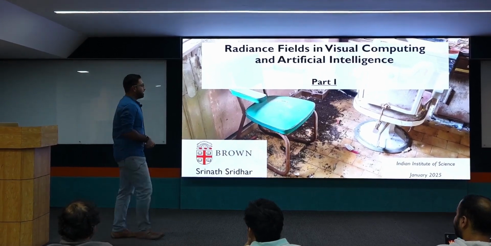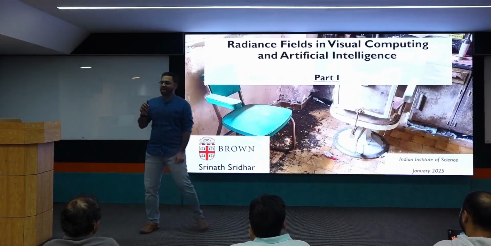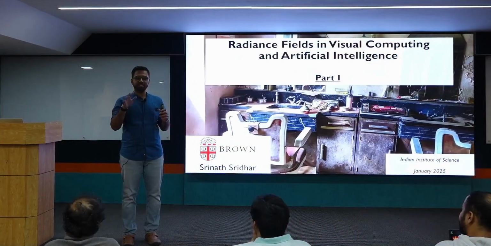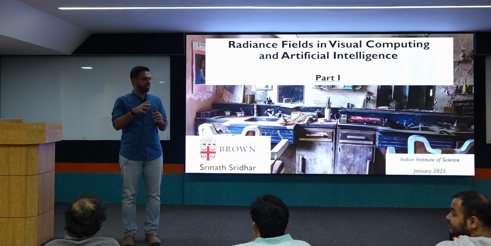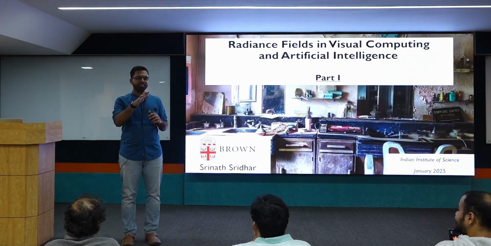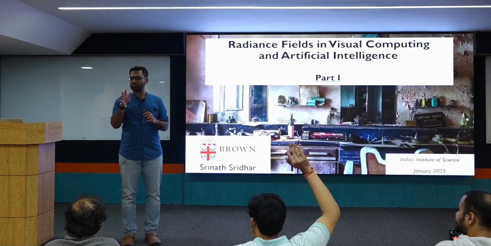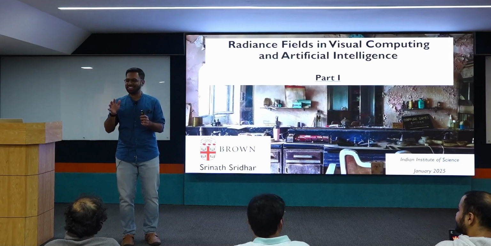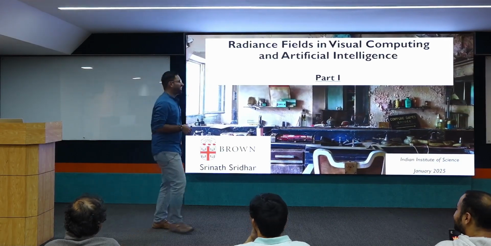Okay. All right. So before we begin, I'd like to understand a little bit more about the distribution of the audience here. How many of you are PhD students? Okay, some PhD students. Undergrads, do we have any undergrads here? Yeah, a few undergrads. Master students? Okay, most of you. Any faculty? Okay.